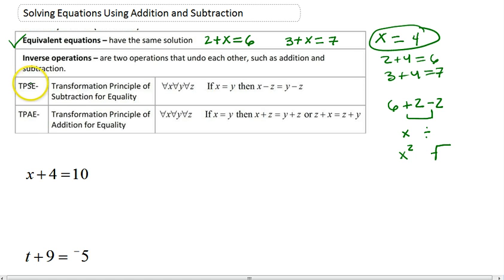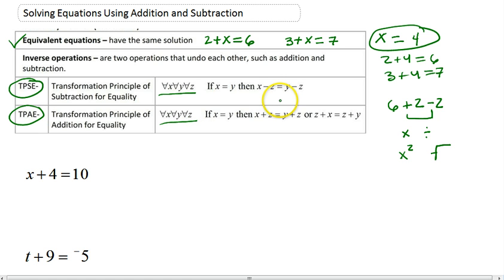We're going to learn two new principles today. The TPSE, which is the transformation principle of subtraction for equality, and the TPAE, which is the transformation principle of addition for equality. Again, all real numbers work for x, y, and z.